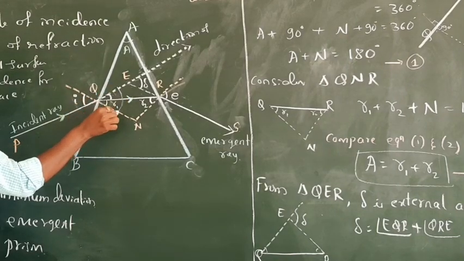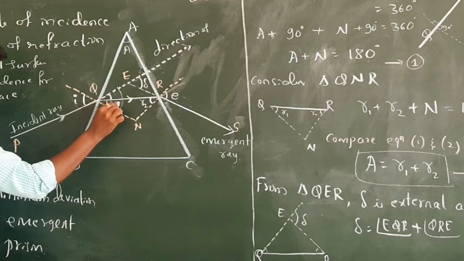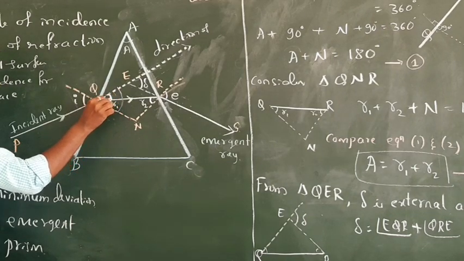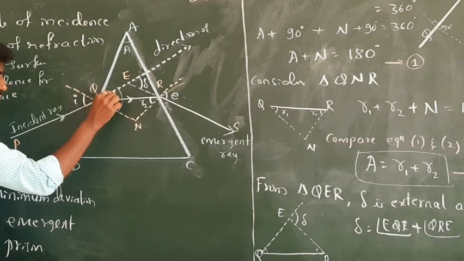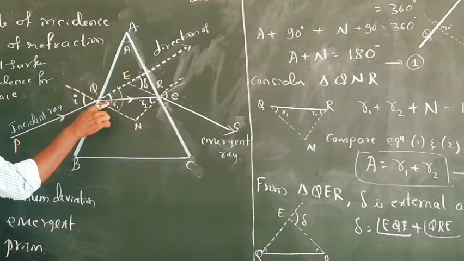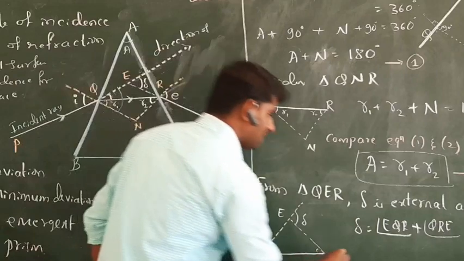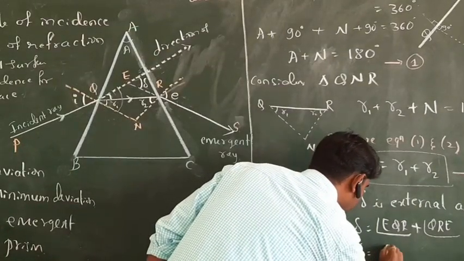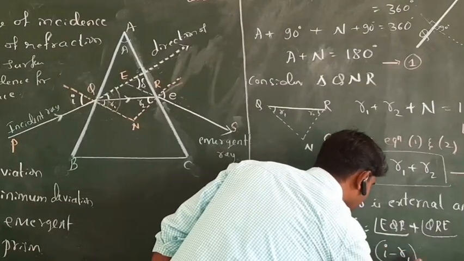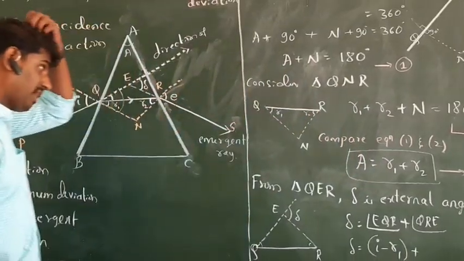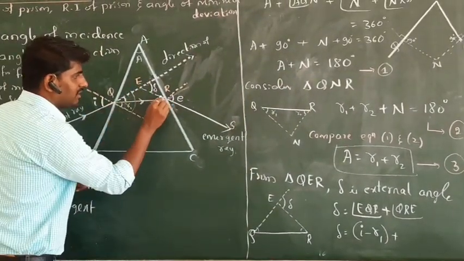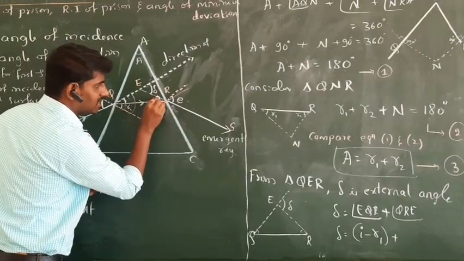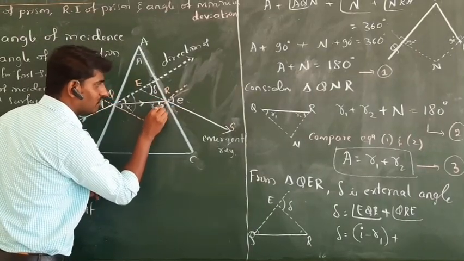This total is I. If I subtract R1, I get this angle. So this angle Q is equal to the total I minus R1. So I'll write delta is equal to I minus R1 plus, in the same way, how do you write QRE? See here, this is one straight line and this is one more straight line.